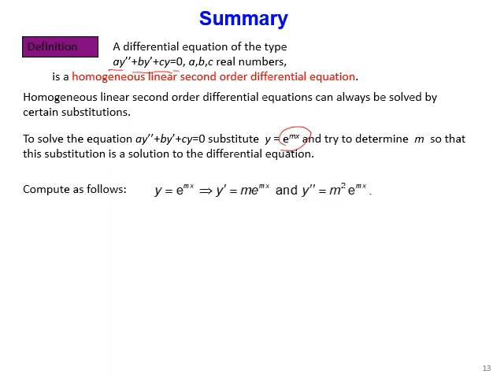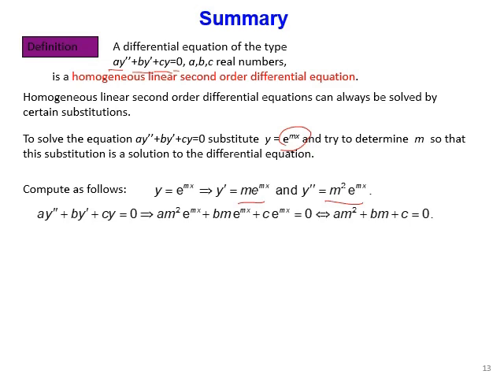So let me find y dash and y double dash. Y dash will be m exponential, and y double dash m square exponential. If I substitute here and here and here, I will have this expression. Now cancel the exponential from all parts.